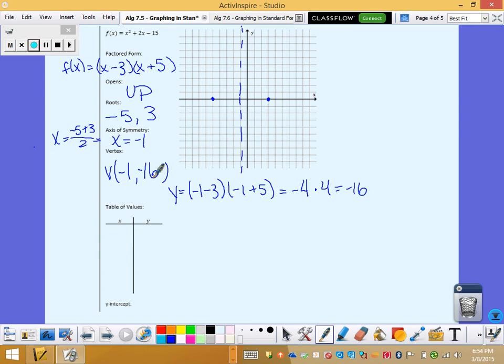Okay, I'm going to have to change my scale here, and that's fine. Let's go down by 2's. Negative 14, negative 16, negative 18, and negative 20, and up by 2's on the opposite side.